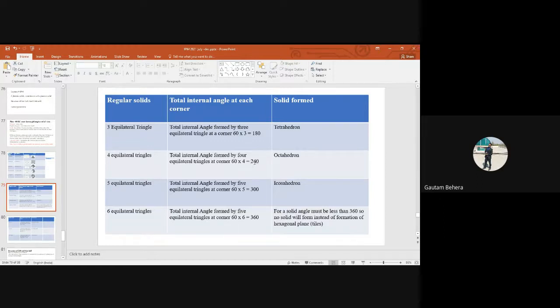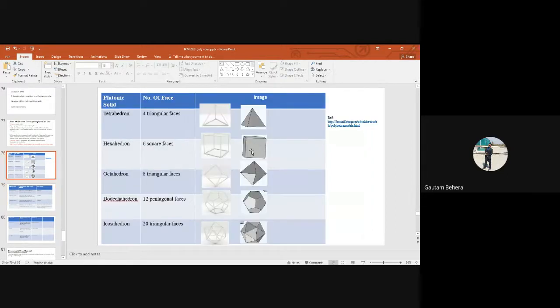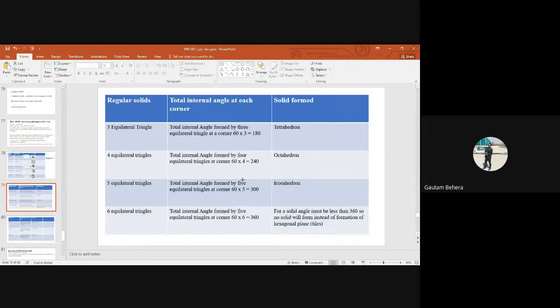So again the condition is fulfilled, because to form a solid, this is the condition, right? The total internal angle is less than 360 degrees, right? So it will form an octahedron. You can check the octahedron here. This one, this one, 2, 3, 4. They are meeting at a point. Suppose this one. You can measure the angle. It will come out as 240.